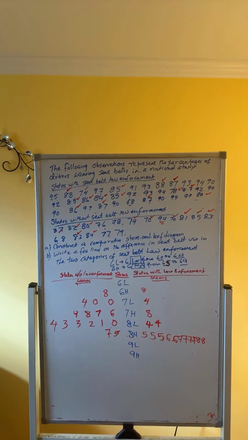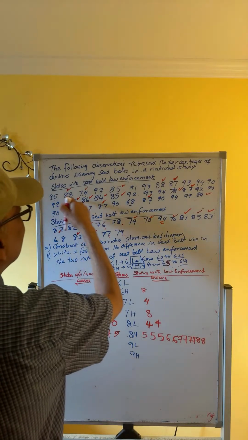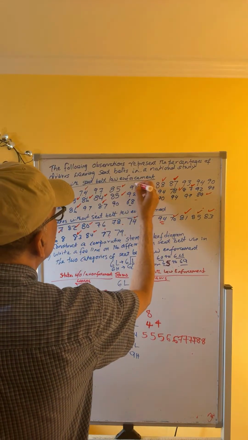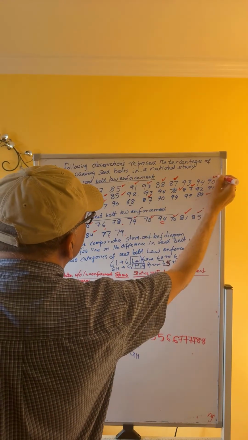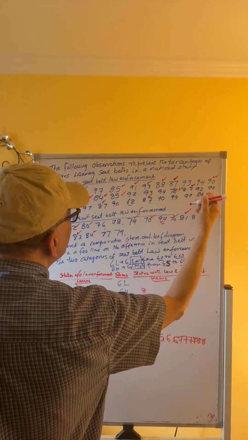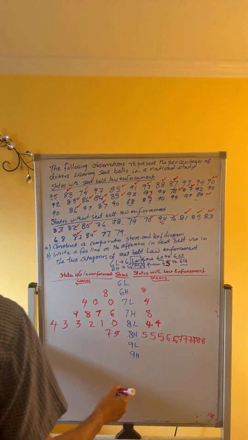Then we are going to look for 9 lows. Let's look for 9 low between 90 and 94 in the top row. There is a 91, there is a 93, there is a 90.